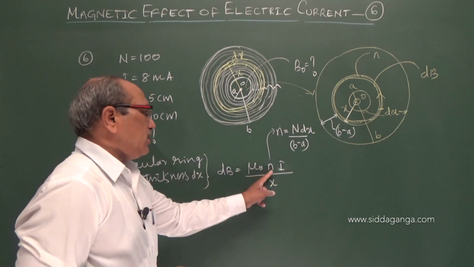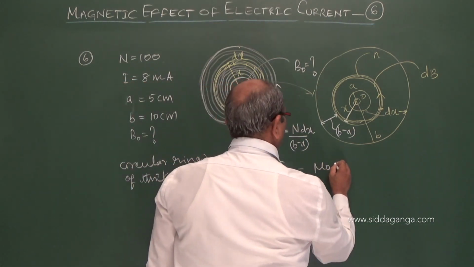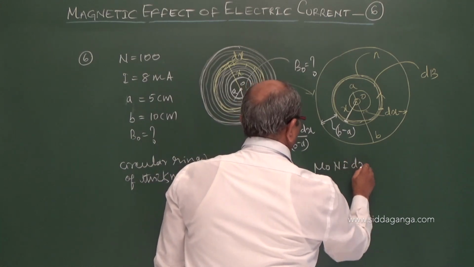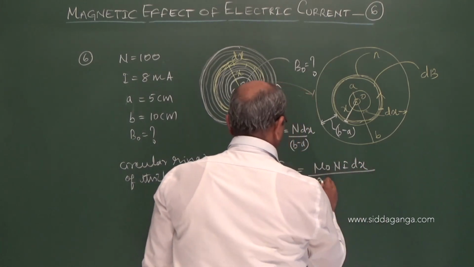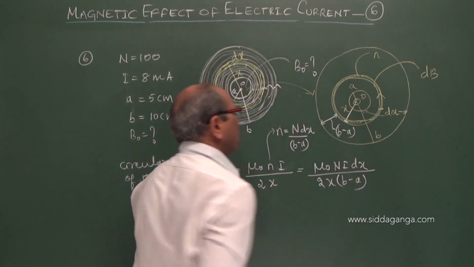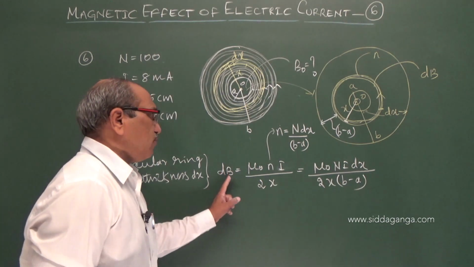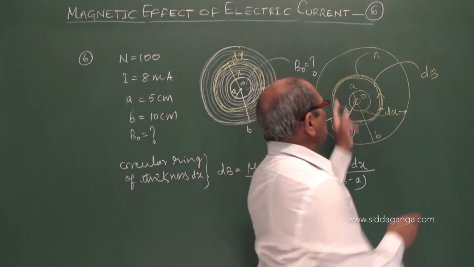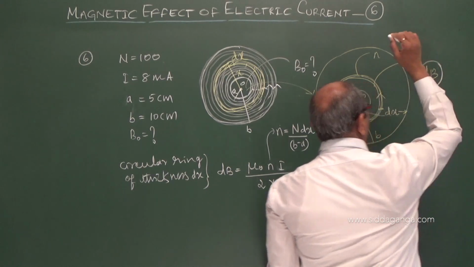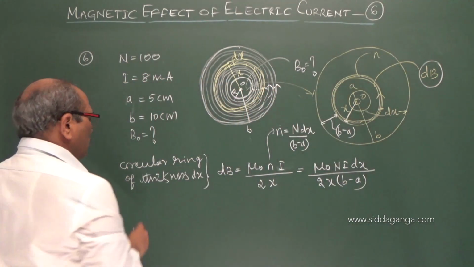This gives you the n value. Therefore I can write it as mu naught n i into dx divided by 2x into b minus a. This is the expression for the magnetic field produced by the small strip of thickness dx I have taken at a distance x from the center.